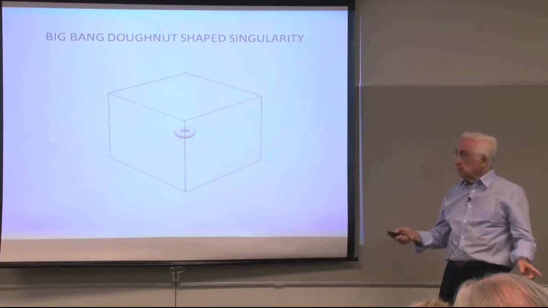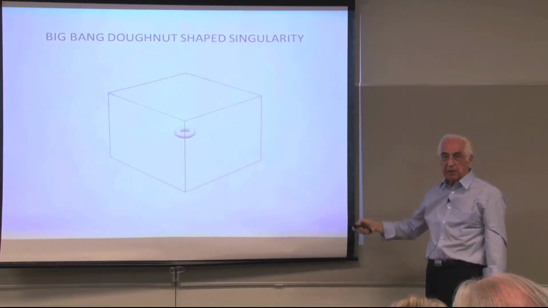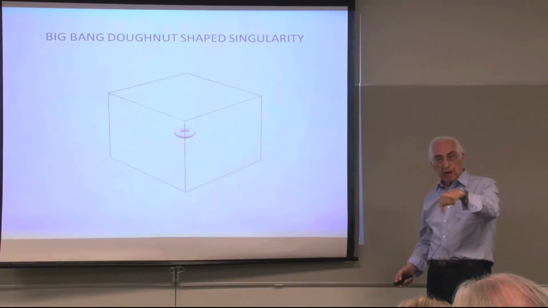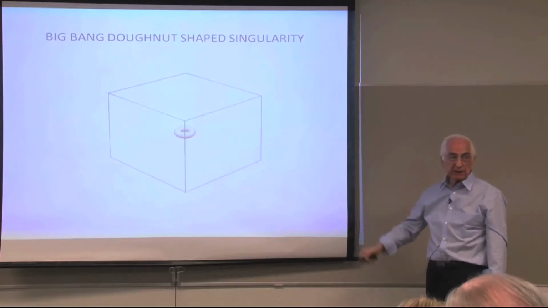At time t equals 0, at the beginning of our universe, this is what our universe looked like: a donut-shaped singularity consisting of superforce particles stacked one atop of another at the center of an infinitely small Planck cube.